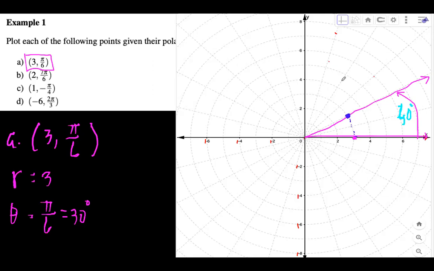So nandito siya. So therefore, our polar point can be found somewhere here. So nandito yung angle measure natin.